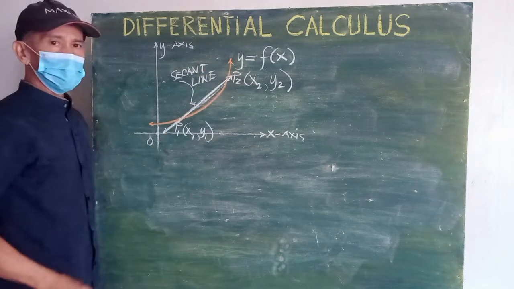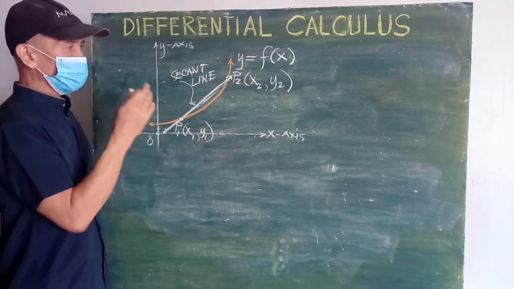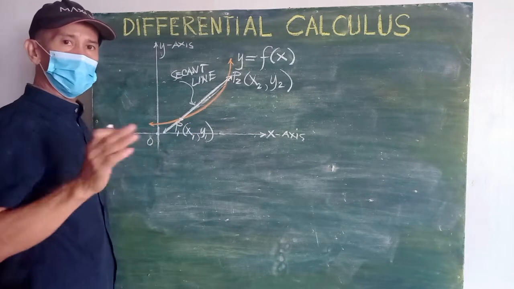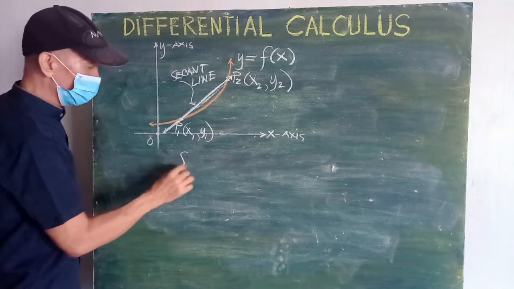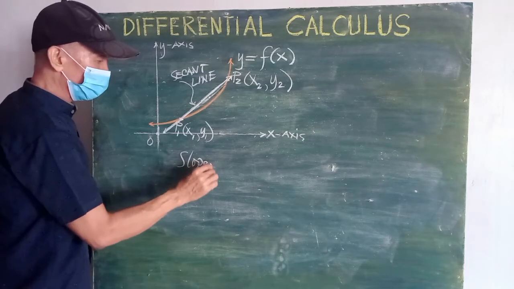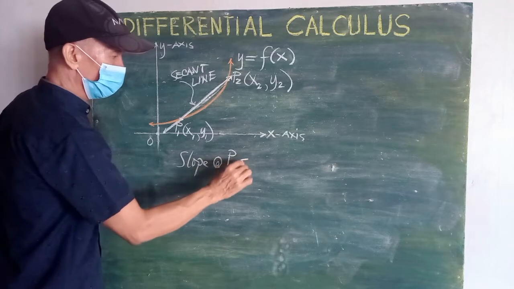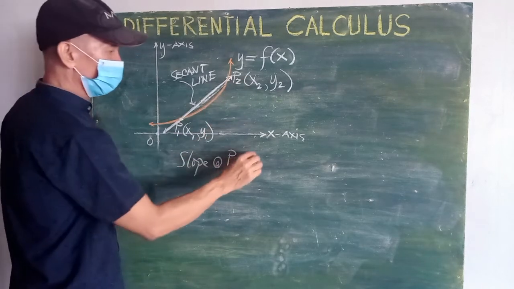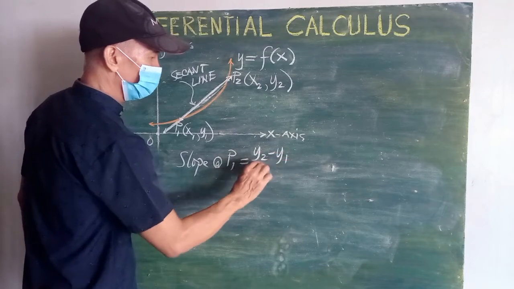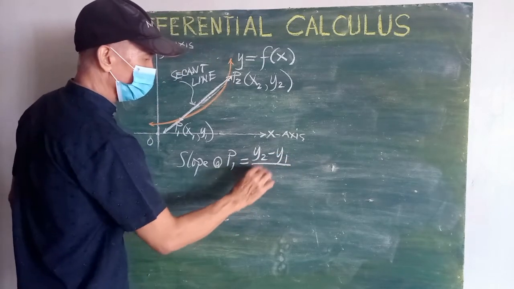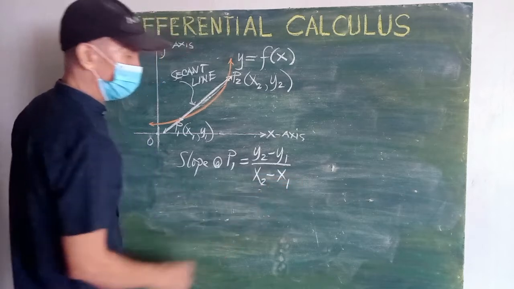Okay, now the slope of this line with respect to P1 can be solved by applying the slope formula. So the slope at P1 will be equal to y sub 2 minus y sub 1 over x sub 2 minus x sub 1.